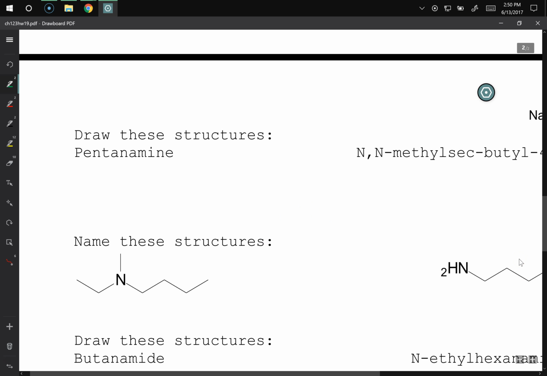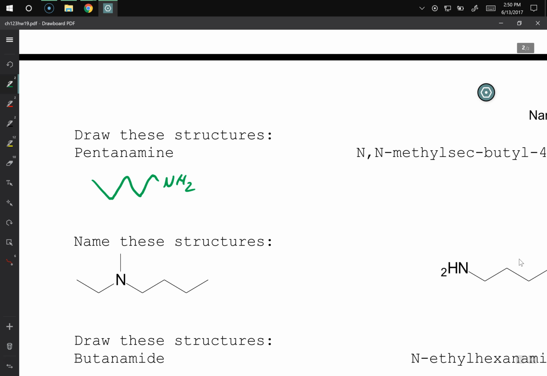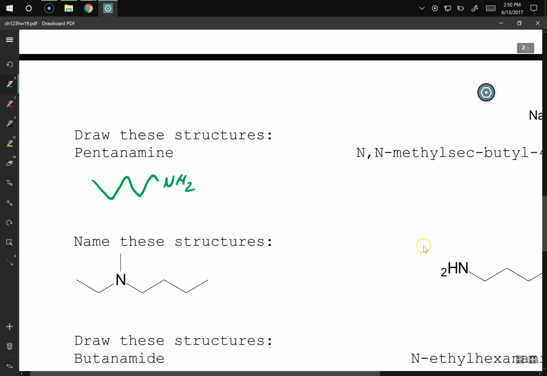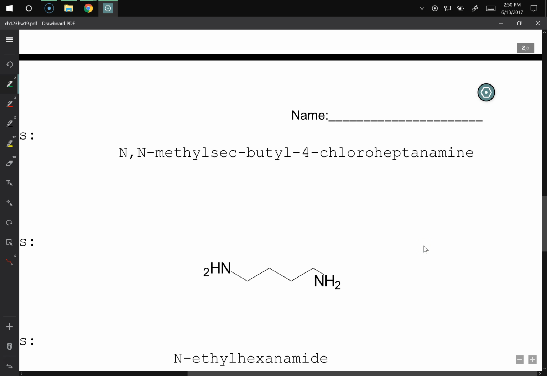All right, so pentanamine, 2, 3, 4, 5. You good with that? So, 7 carbons. 2, 3, 4, 5, 6, 7. And there's an N attached to it. On carbon 1, 2, 3, 4, there's a chloro.